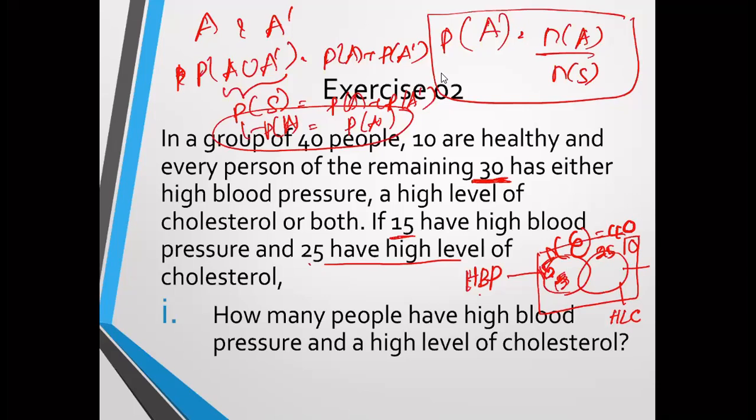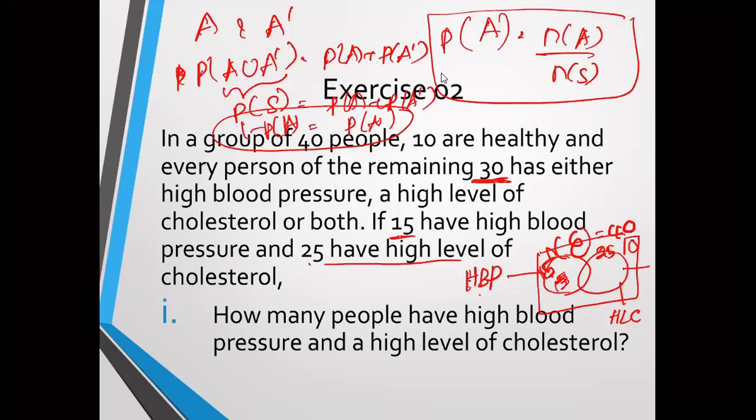How many people have high blood pressure and a high level of cholesterol? That means there is some missing information. They are not missing, actually we can find them. These are the information we have now. Using this information, we need to find how many people have high blood pressure and high level of cholesterol.